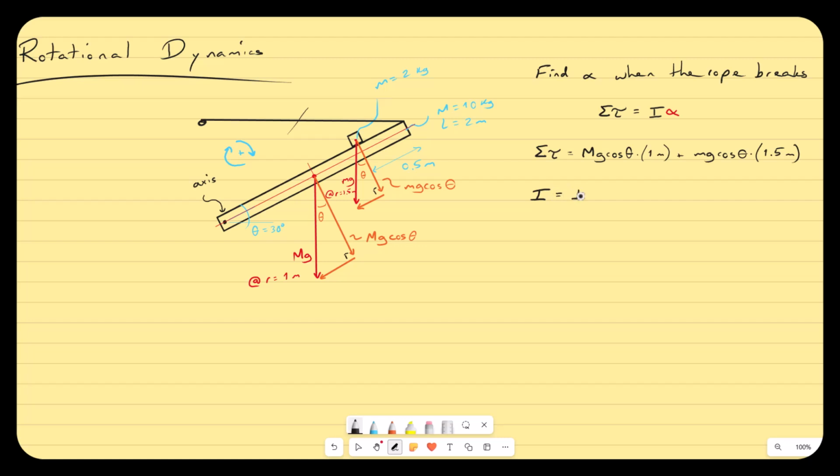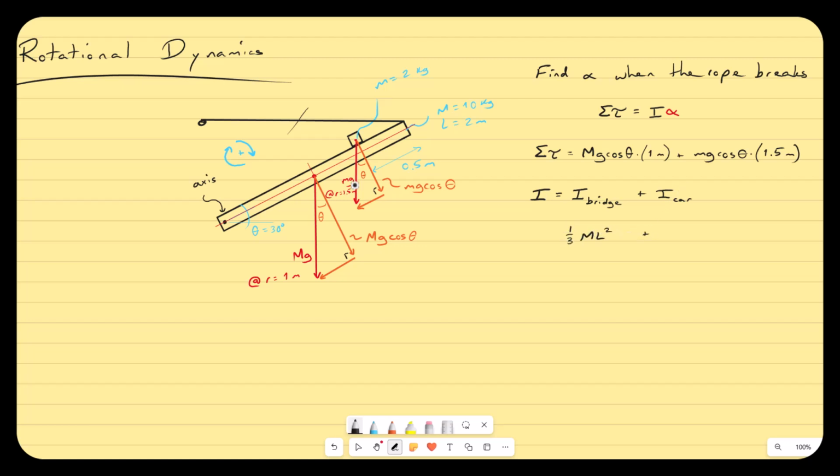So I have the moment of inertia of the bridge itself, plus the moment of inertia of the car. For the bridge itself, that's going to look like a bar with the axis passing through the center, so that's going to be a 1/3 ml squared.